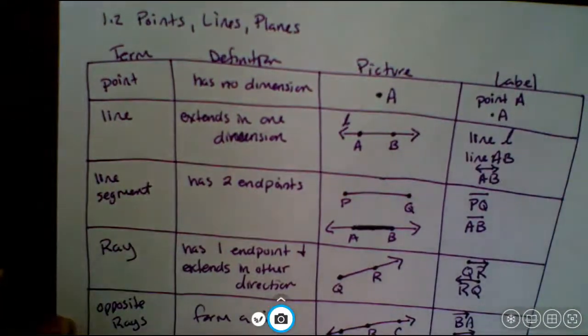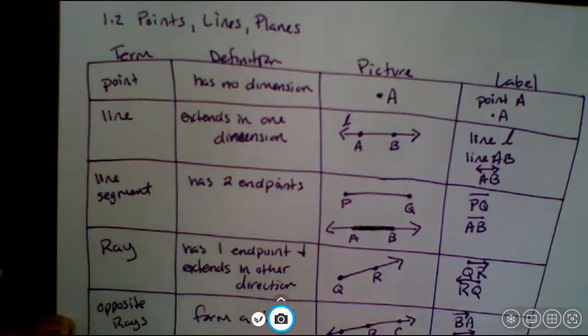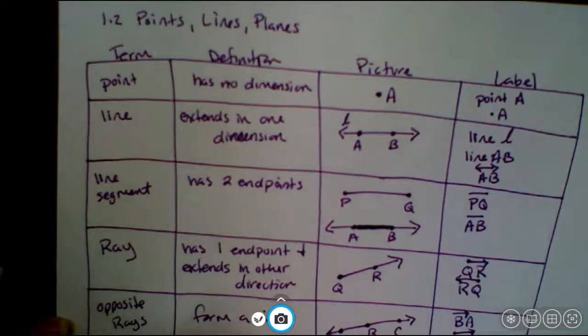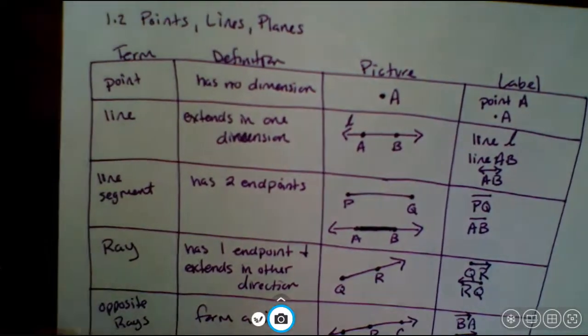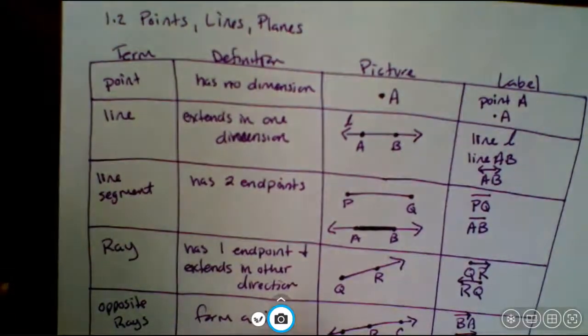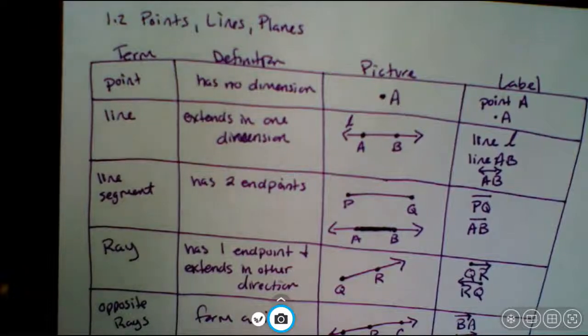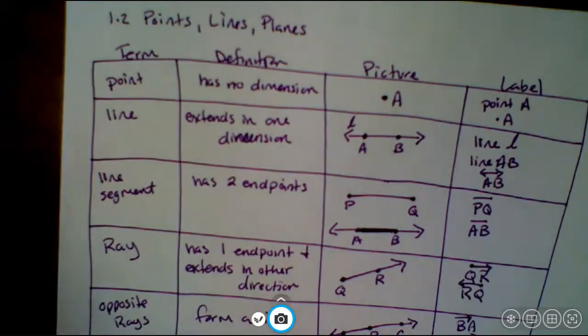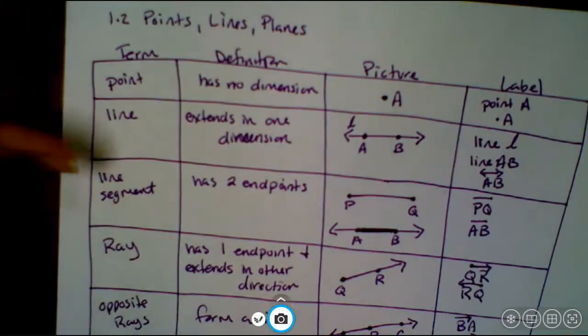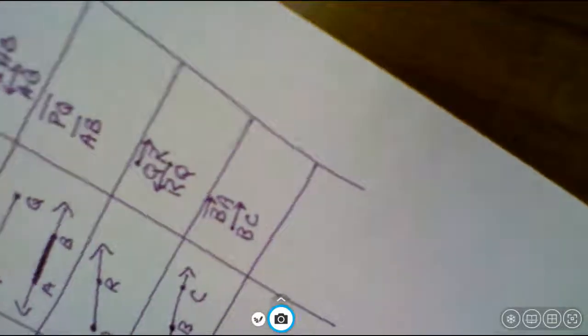The next definition is a plane. A plane extends in two dimensions. This one's hard to visualize because technically it extends, it's kind of like a piece of paper floating. So if I took this paper and floated it in the air, this would be a plane.